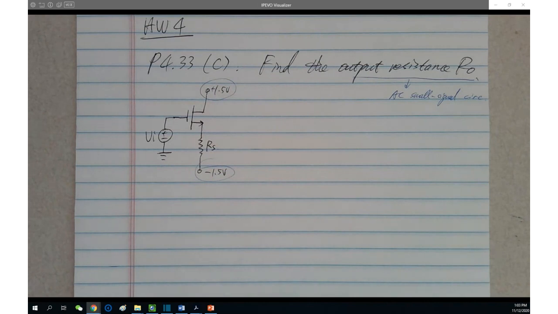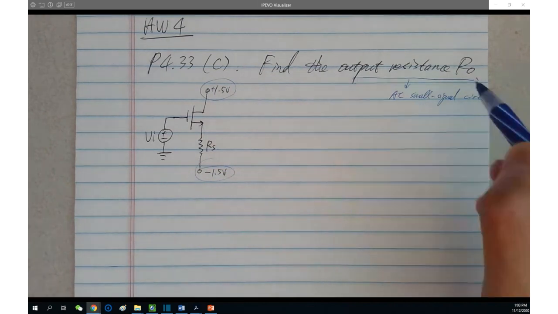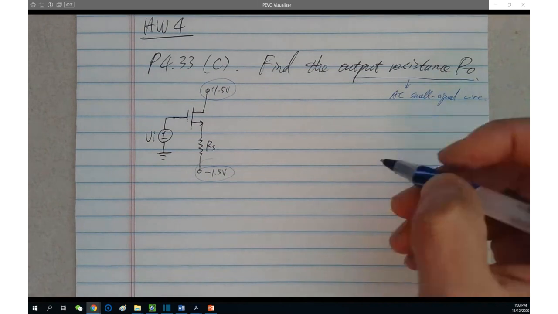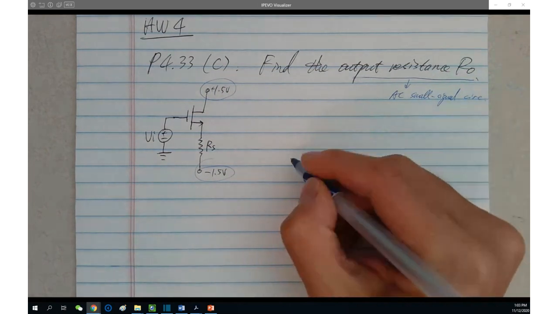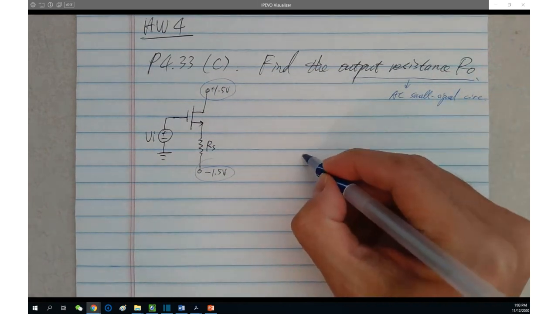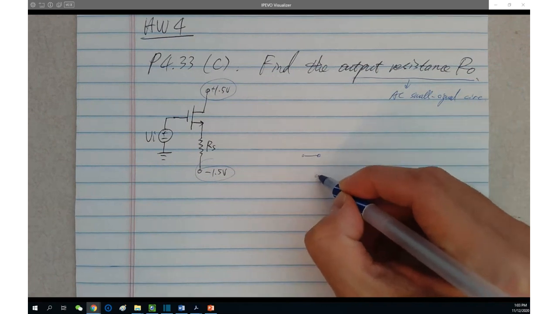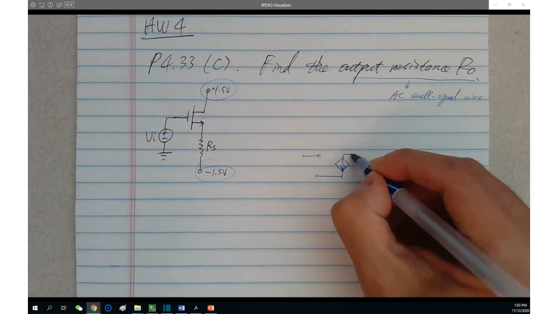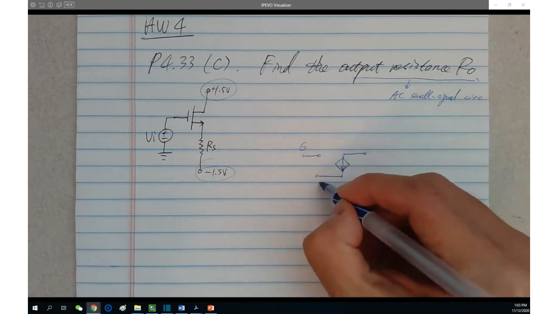So for the output resistance, you need to be clear that it's talking about a small signal circuit. The small signal circuit of this given circuit is fairly easy. We plot it like this, and we realize this is an n-channel, so this is G, S, D like this.